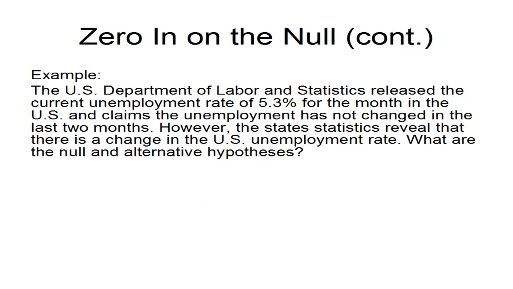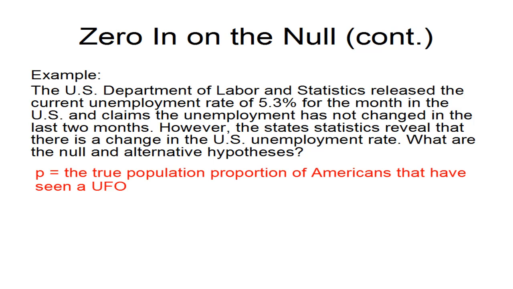Another example. The U.S. Department of Labor and Statistics released the current unemployment rate of 5.3% for the month in the U.S. and claims the unemployment rate has not changed in the last 2 months. However, the state statistics reveal that there is a change in the U.S. unemployment rate. What are the null and the alternative hypothesis? So, P is the true population proportion of unemployed Americans.